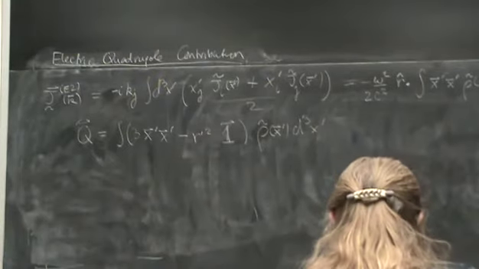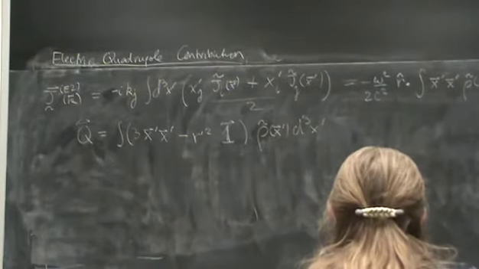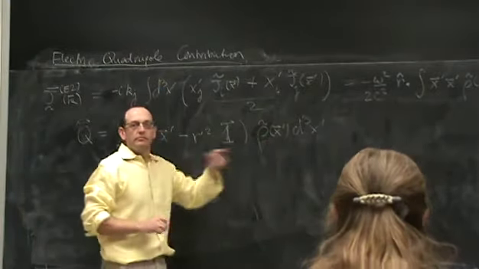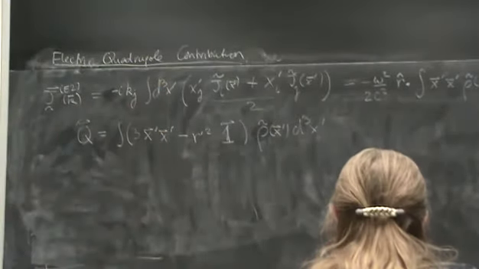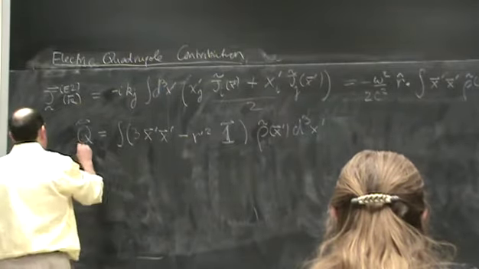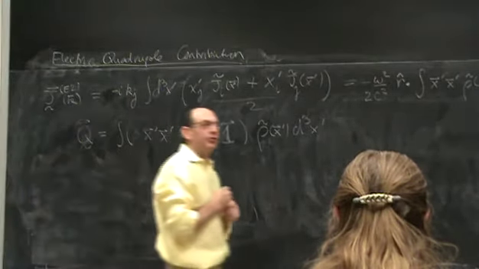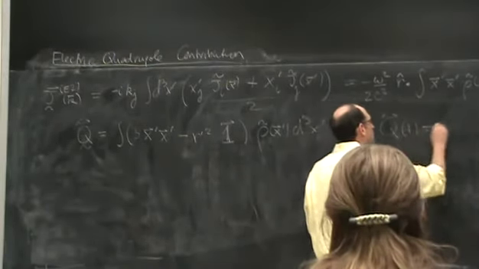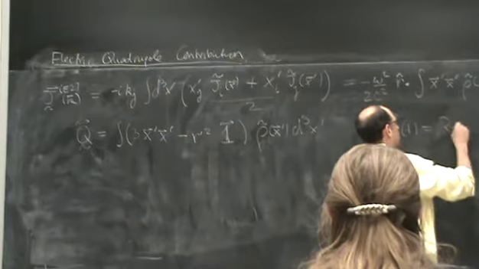That's the quadrupole tensor associated with that charge distribution, which is the amplitude. This is the complex amplitude, and we're assuming that this quadrupole tensor, as a function of time, is oscillating.